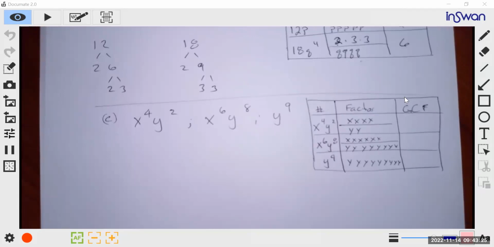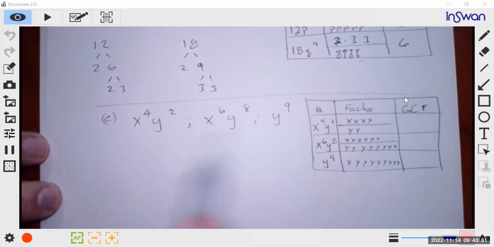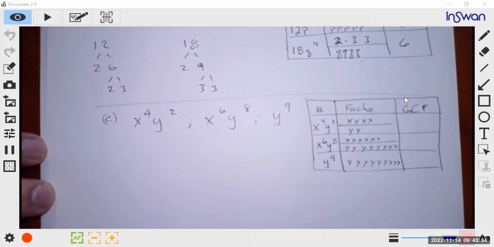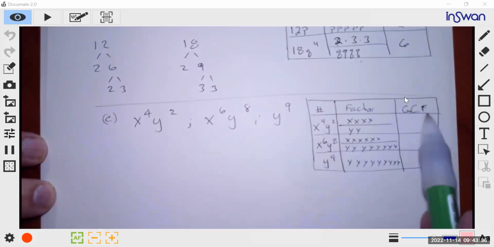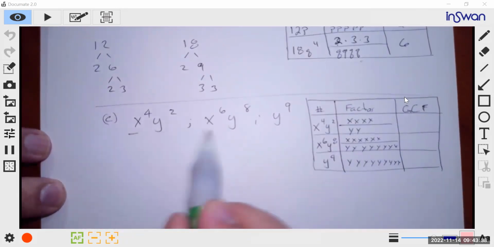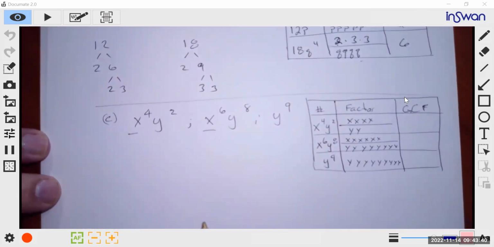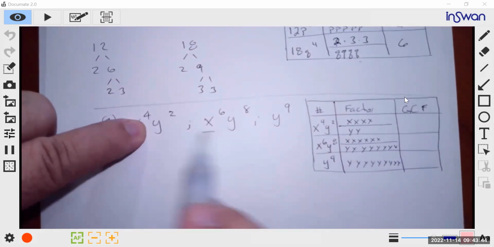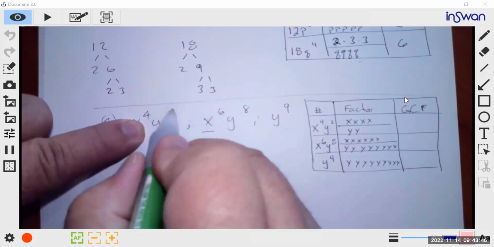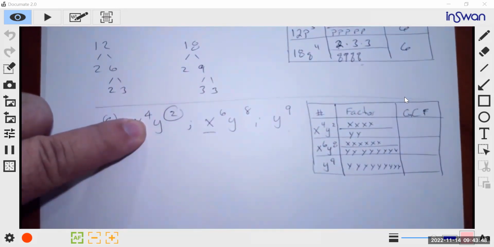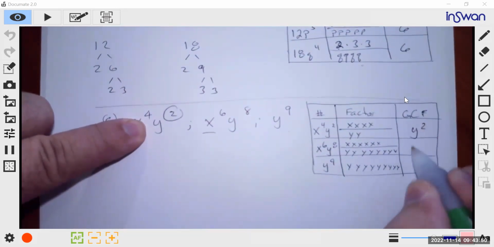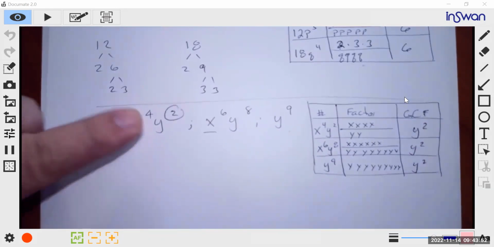All right, it gets easier when you notice there aren't any numbers. There are no coefficients. The numbers are the hard part. When you have just letters, for the greatest common factor, do they all have X's? No, so X can't be the GCF. Now when they all have Y's, you can only take the smallest number. So the GCF has to be the smallest exponent of the variables.